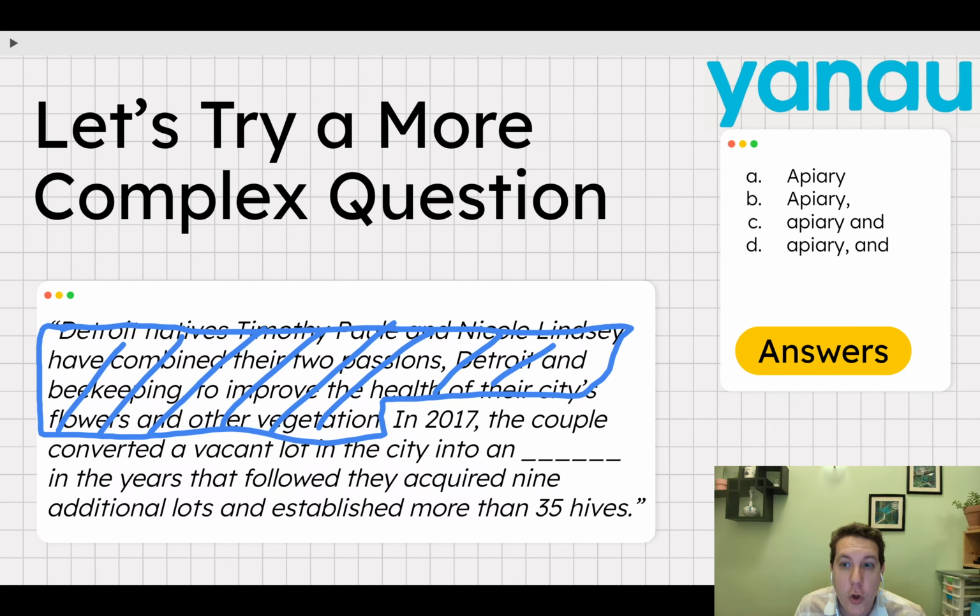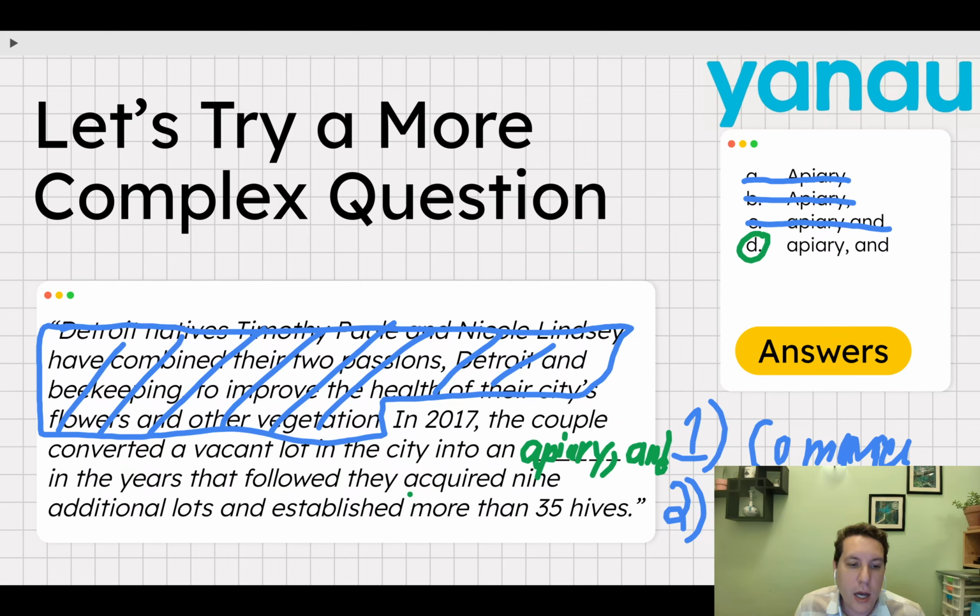What do we have left? D. D is our answer. Into an apiary, comma, and in the years that followed, they acquired 9 additional lots and established more than 35 hives.